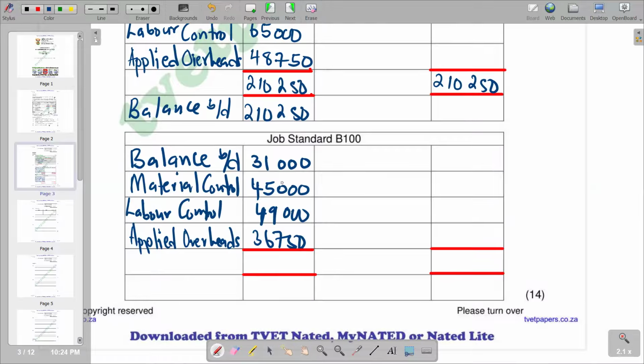So if you say 31,000 plus 45,000 plus 49,000 plus 36,750, you're going to get your total is 161,750, which is the same amount going on to the credit side in between the double lines, which is also going to be our balance CD.